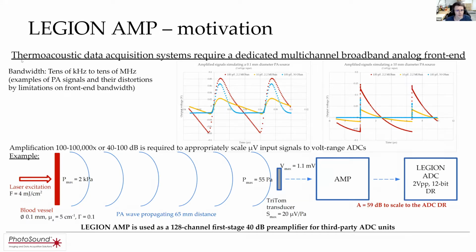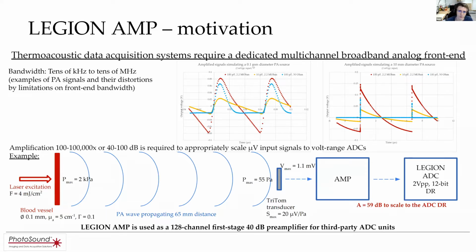At the top of my slide here, I illustrate two different sized sources with two different probe capacitances and also two different input impedances. These signals should ideally be sawtooth waves, and you can see all of them have some distortion to different degrees based on the probe capacitance and the input impedance.